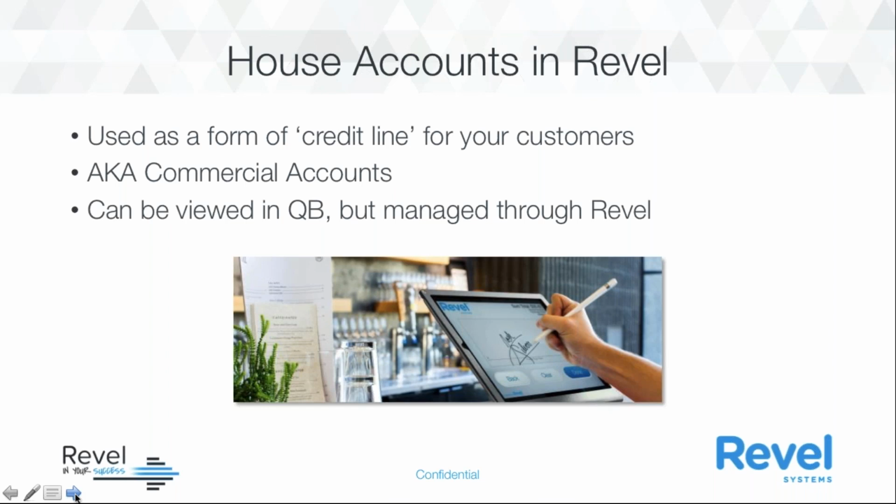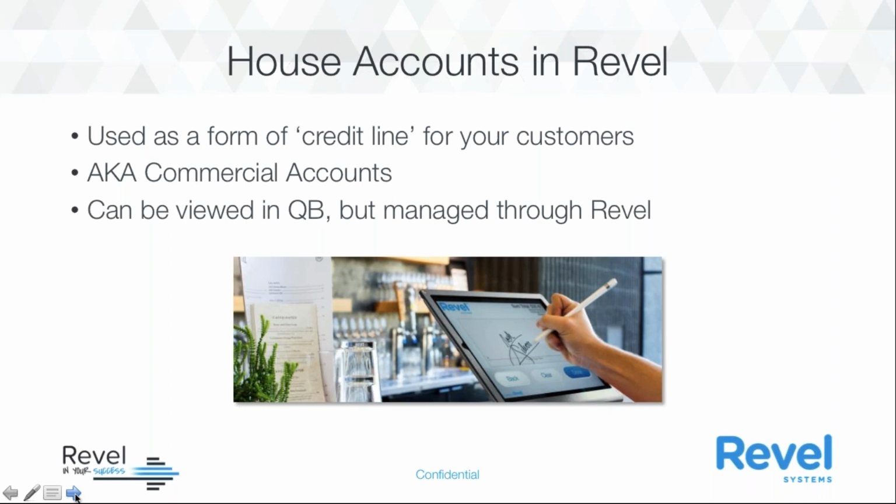Some other use cases that we've heard of and seen would be perhaps a mess hall or a cafeteria where the residents or the employees who work there put whatever they order for lunch on a house account and then are billed at the end of the month. For our retail customers, this can also be known as commercial accounts.